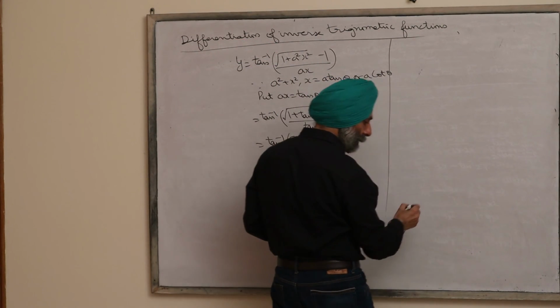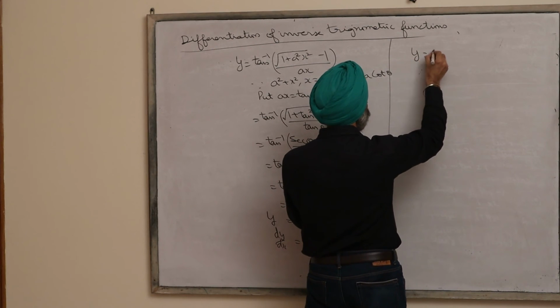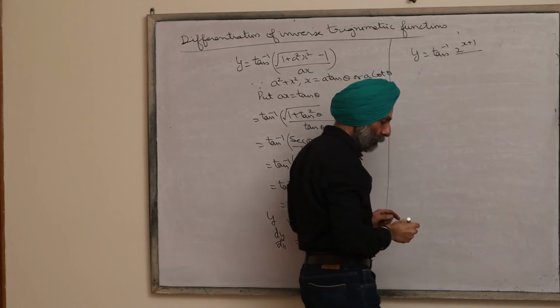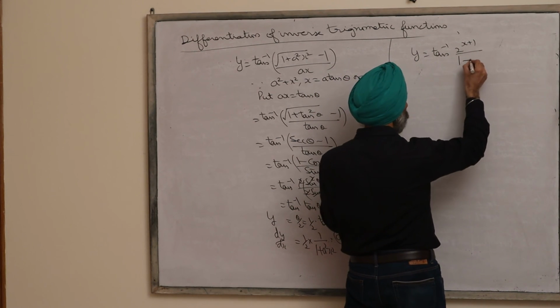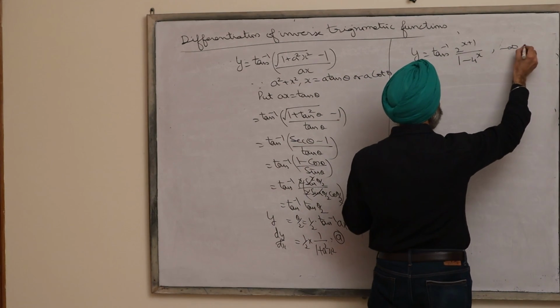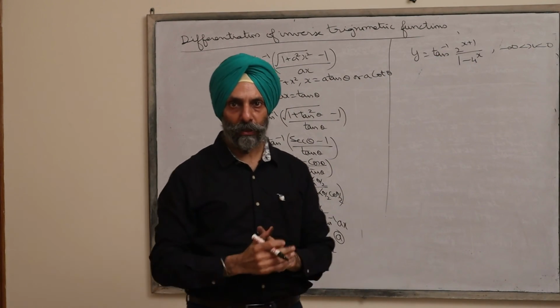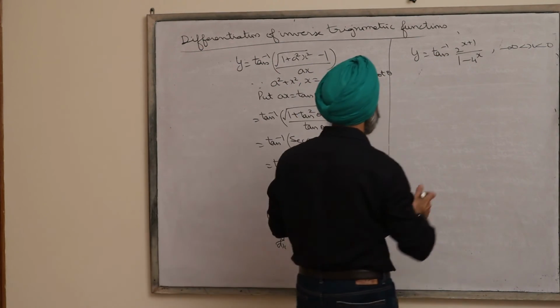Now, for example, the next one is to differentiate tan inverse of (2 raised to power x plus 1) upon (1 minus 4 raised to power x), when x belongs to minus infinity to 0. So this is the condition which is given to us in this case.